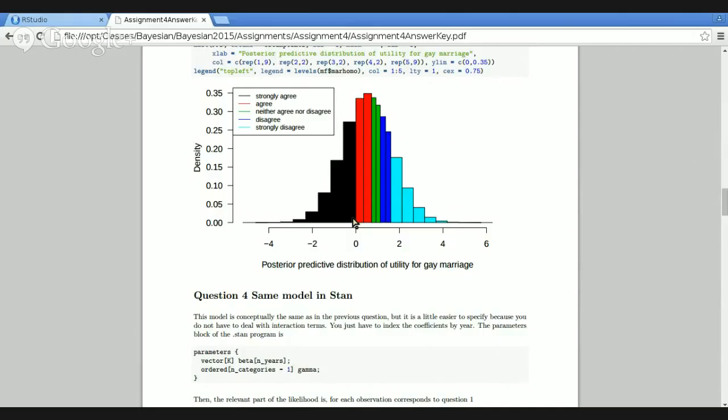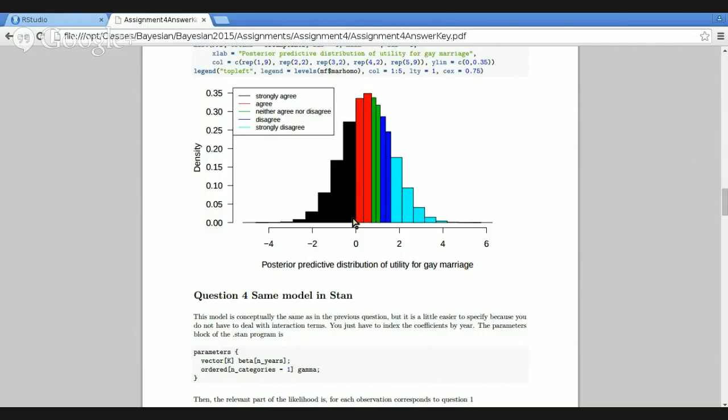So that's the histogram I had in my head, which, except for the fact that this is a latent variable, would be a pretty reasonable way to convey the conclusion of your model, and to also convey what's going on with one of these ordered models where the cut points are chopping up a distribution and using that to give you a conditional probability of being in each answer category.